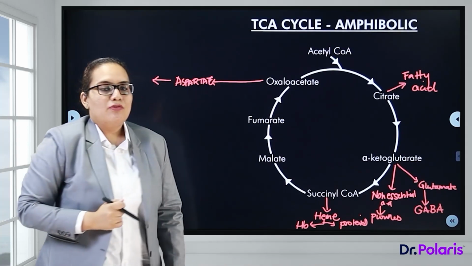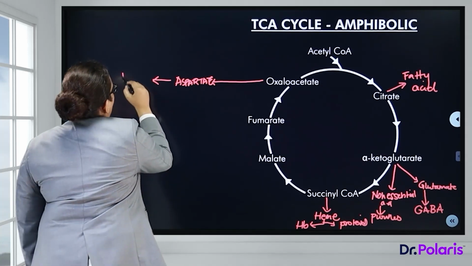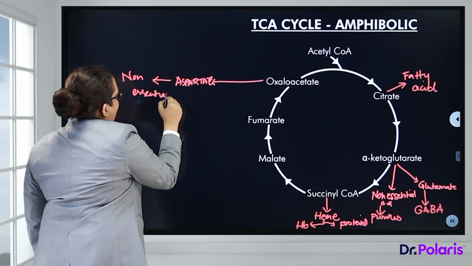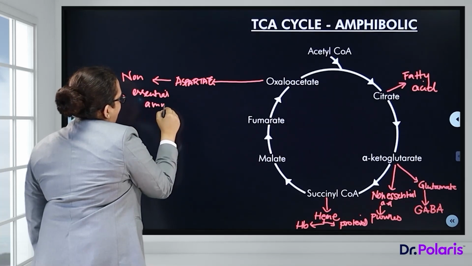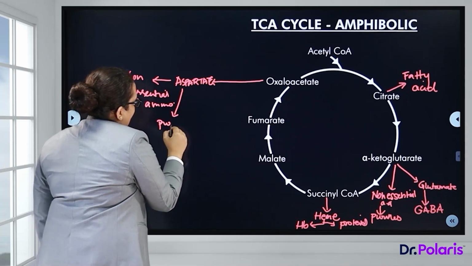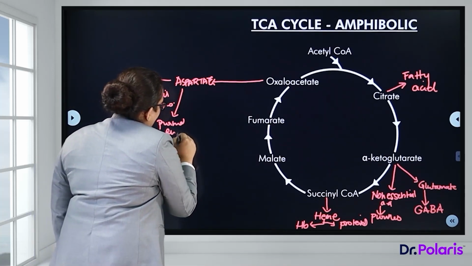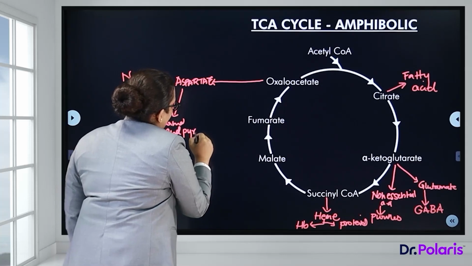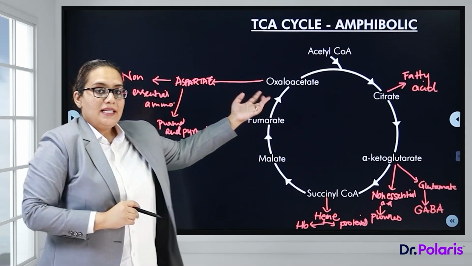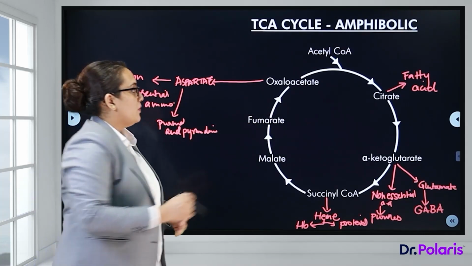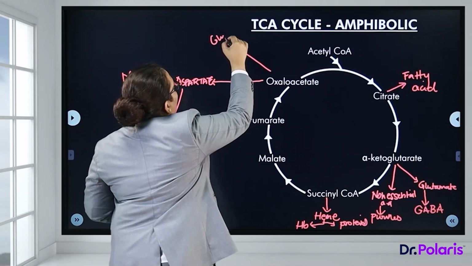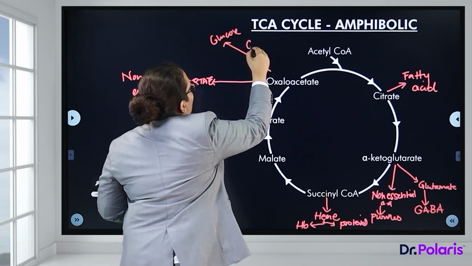Aspartate can be utilized for the formation of other non-essential amino acids, and those non-essential amino acids can also be utilized for the synthesis of purines and pyrimidines, again which are nitrogenous bases. Oxaloacetate can also be utilized for the formation of glucose through a process called gluconeogenesis.